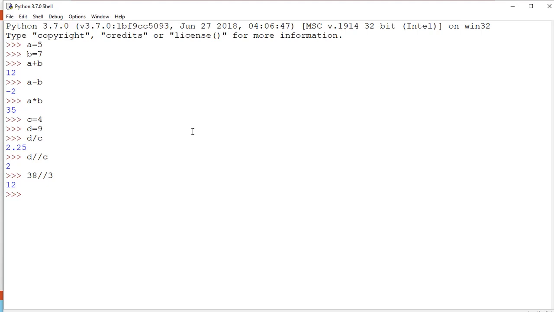Let's find out how we can get this remainder directly from an operator. We write 38, then the percentage symbol, which is known as the modulus operator, or the modulo operator, divided by 3. The answer is 2. Why? Because it has provided the remainder by dividing by an integer. 12 times 3 is 36, the rest of the part is 2, so the remainder is 2 here.